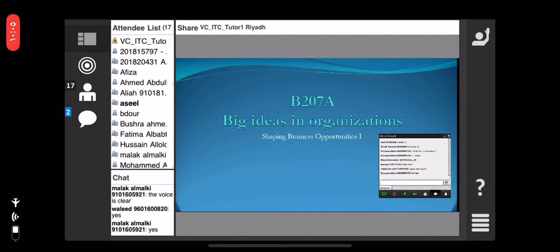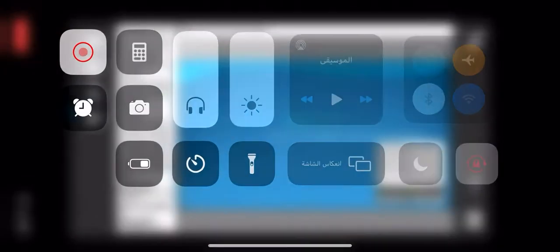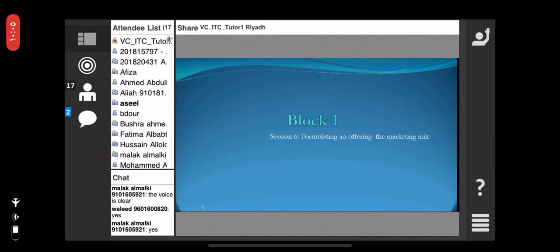Shaping business opportunities, formulating and offering. I need to minimize the window so that the students can see the screen clearly. Okay? Formulating and offering a marketing mix.